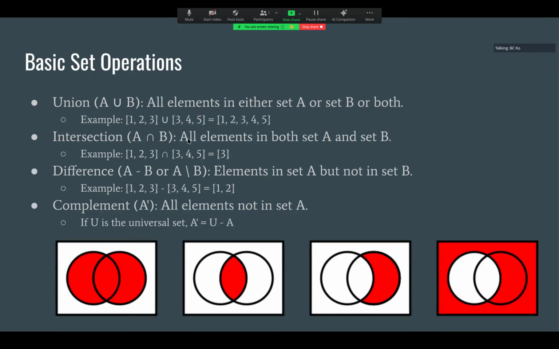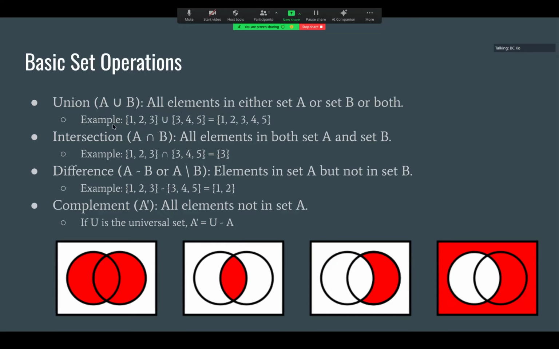Basic set operations. There are several fundamental operations that can be performed on sets. The union of sets A and B, denoted by A union B, includes all elements in either set A or set B or both.